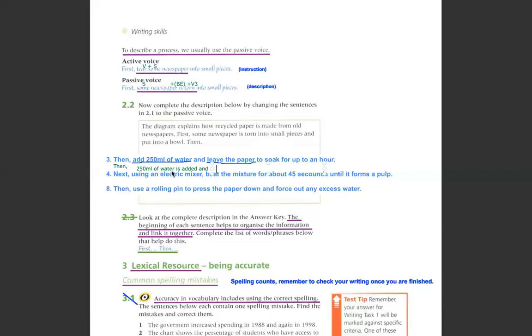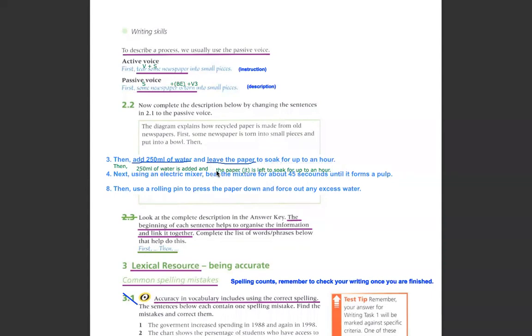So 250 milliliters of water is added and the paper, which is our subject, or we could use it instead as well, is not leaved but left, and then the rest of the sentence stays the same. So if passive is something that you find difficult, then you need to practice that.